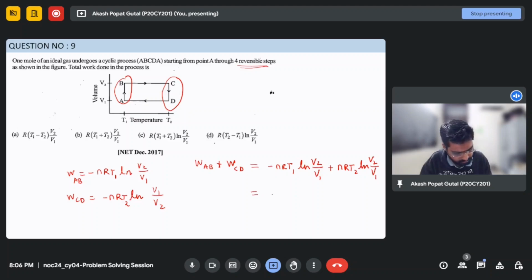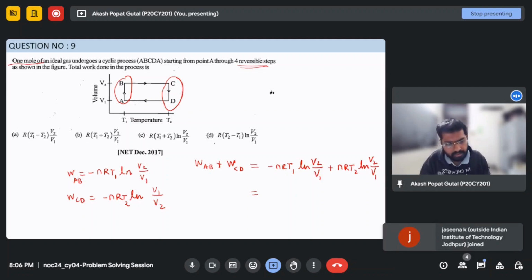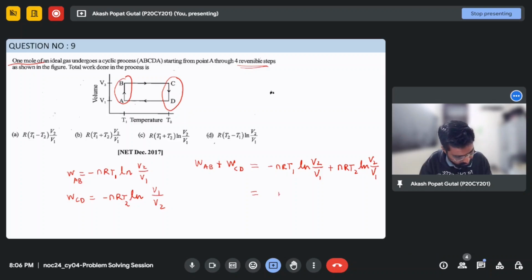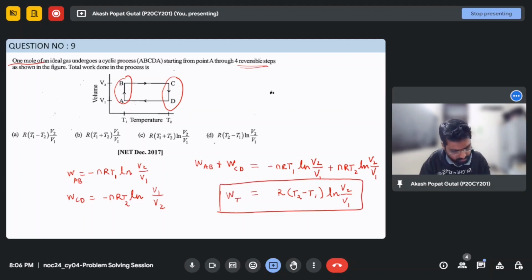N is 1 here, as it's 1 mole of gas. So we get R into T2 minus T1 ln V2 by V1. That will be your total work done, and it is option D.